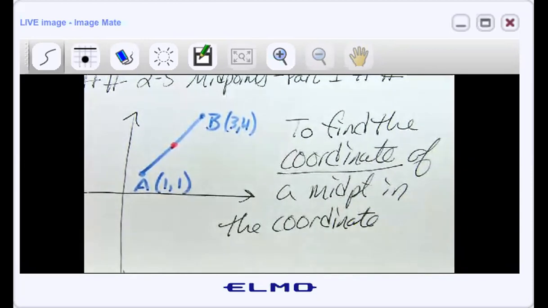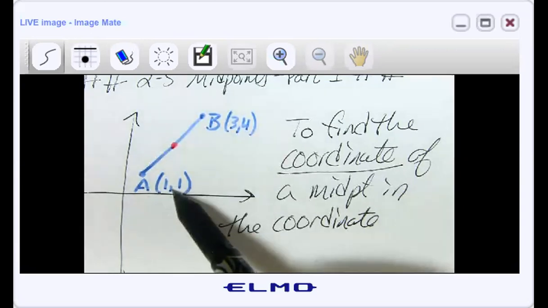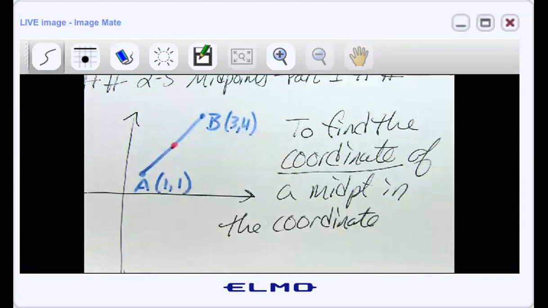And what happens if it doesn't fall perfectly on, even if I had actual graph paper, what if it doesn't fall nicely on one of those lattice points? What if it's really at like 1.7, 2.49? You know what I mean? There would be no way for me to just look at it and know. But there is a way, as long as I know the endpoints, there is a way for me to get the actual answer.